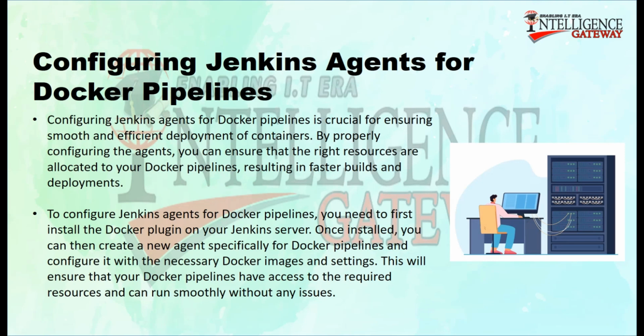To configure Jenkins agents for Docker pipelines, you need to first install the Docker plugin on your Jenkins server. Once installed, you can then create a new agent specifically for Docker pipelines and configure it with the necessary Docker images and settings. This will ensure that your Docker pipelines have access to the required resources and can run smoothly without any issues.